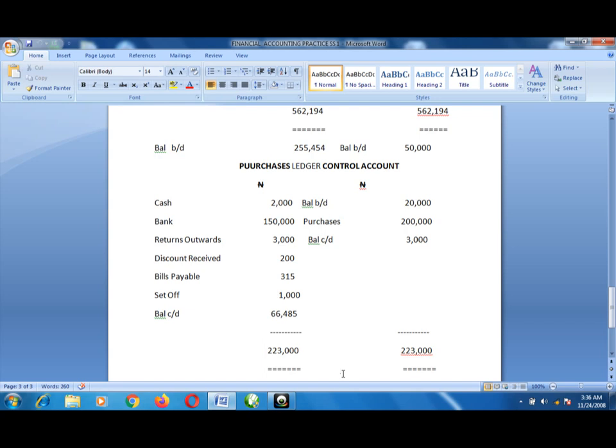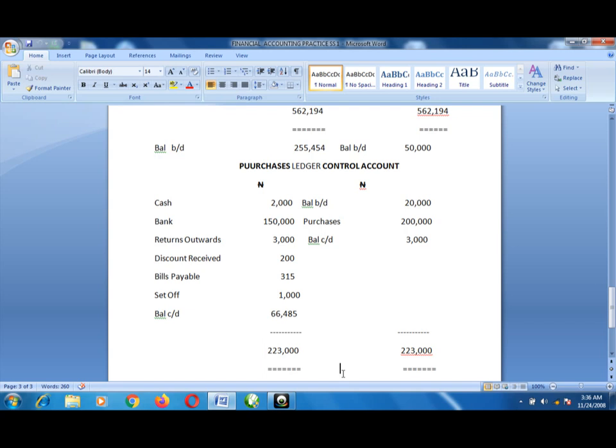The balance at close, here your balance at close, you have a what? You have a bought ledger, 3,000 DR, and you have 66,485 naira on the CR. Remember, this is the closing balance. The moment they tag you with the closing balance, you need to transfer them to where they are supposed to act as a balance carried down.